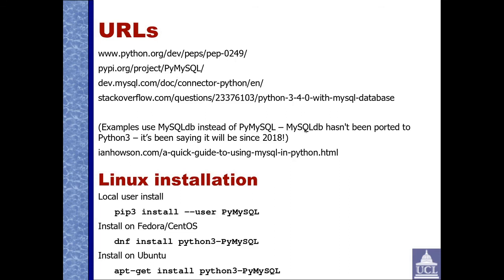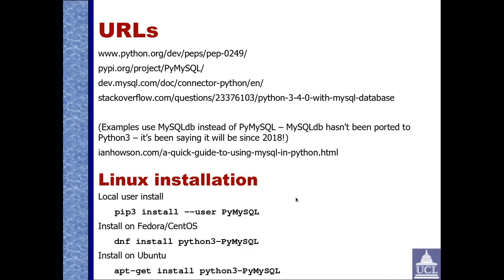MySQLDB, as I mentioned, hasn't been ported to Python 3, and again it has been saying that it will be since 2018, but that hasn't happened. So this one is worth a look because it gives you some nice examples, but of course you would have to port them to something like PyMySQL instead. But since they're both PEP249 compliant, it doesn't require too much effort.